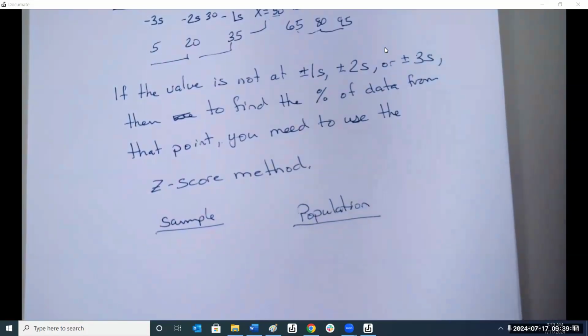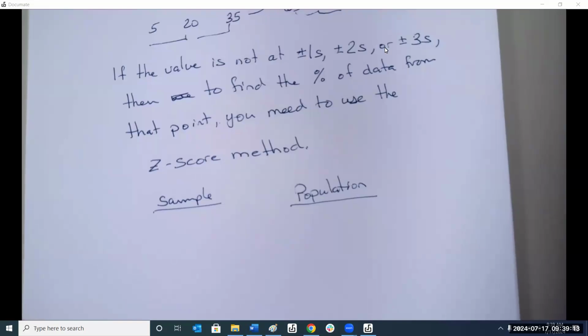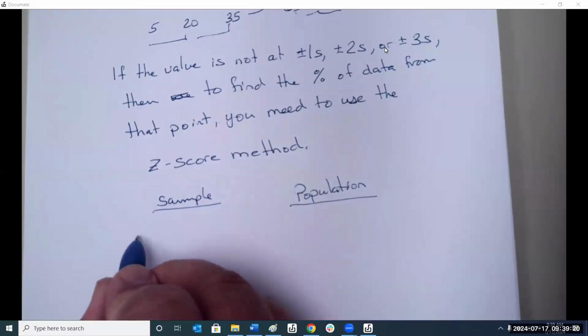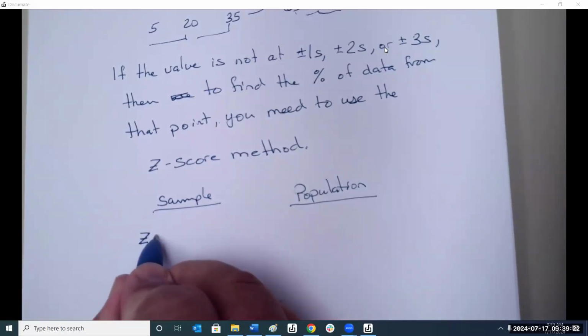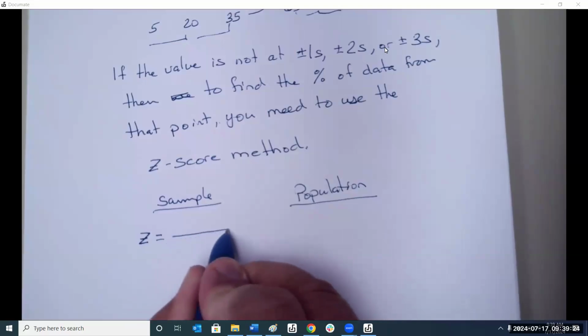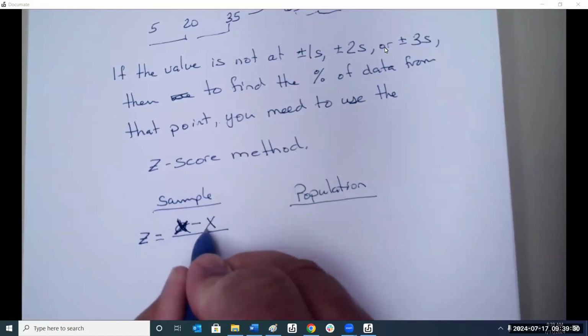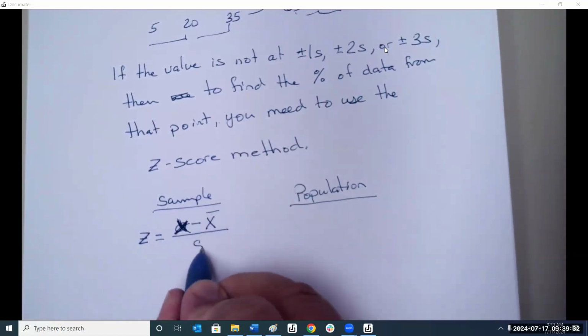The formulas for sample and population, again, are different because, remember, in samples, we use our alphabetic letters. In population, we use the Greek letters. So the z-score for a sample is x minus x bar over s.